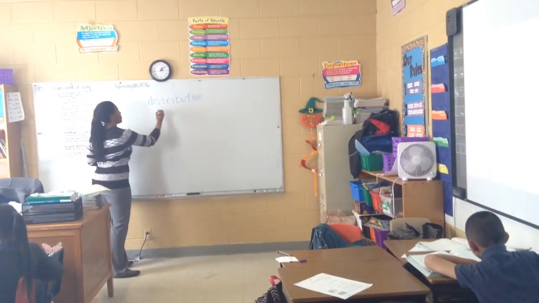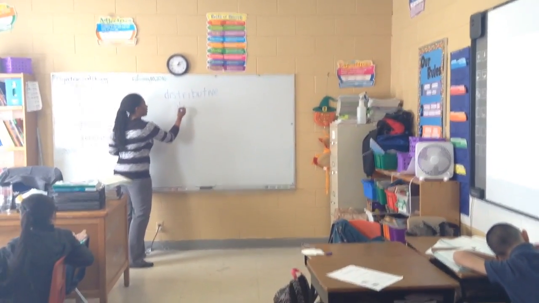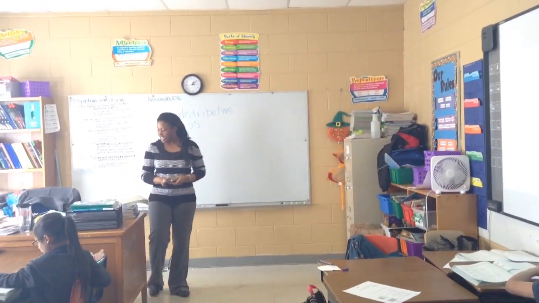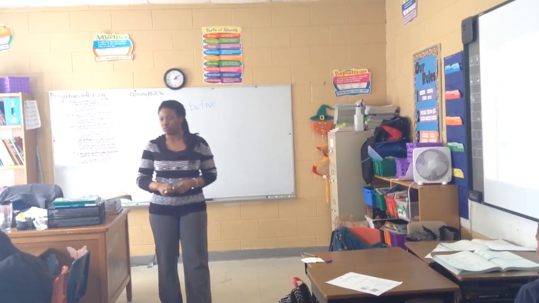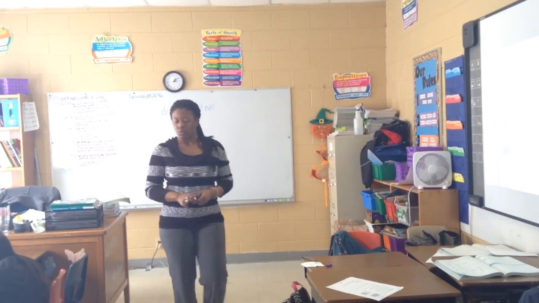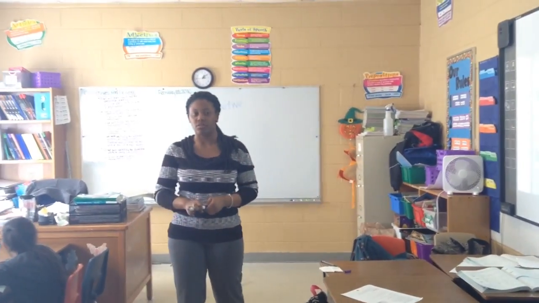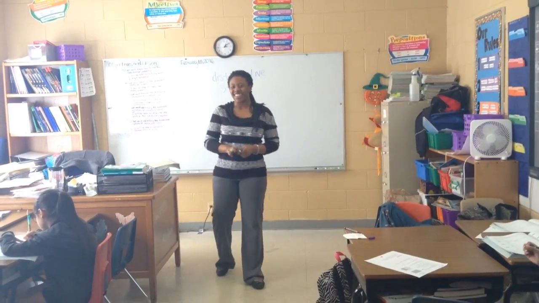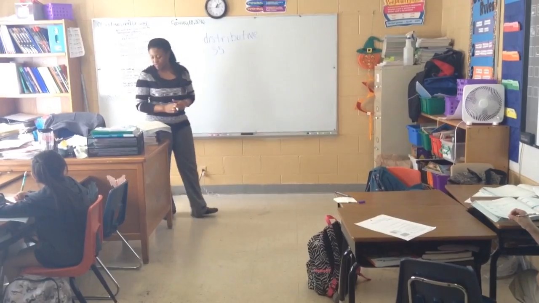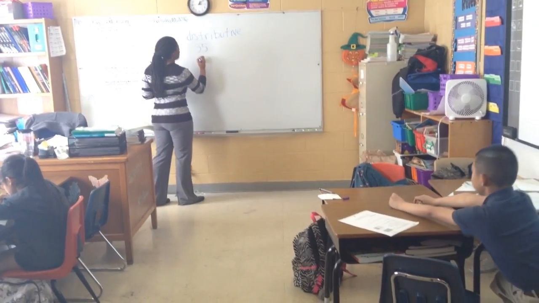Thank you. We're going to break up 35. What 2 numbers are we going to break it up into? Kenneth. 30 and 5. We're going to do it as 30 plus 5.